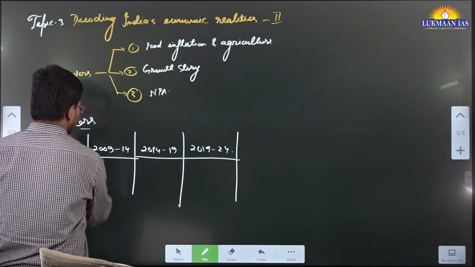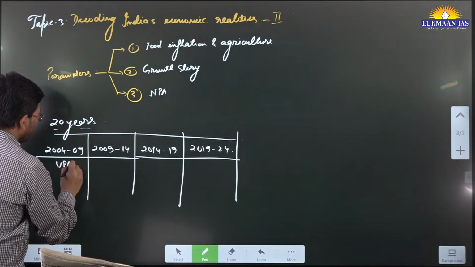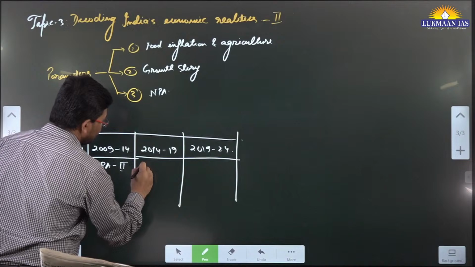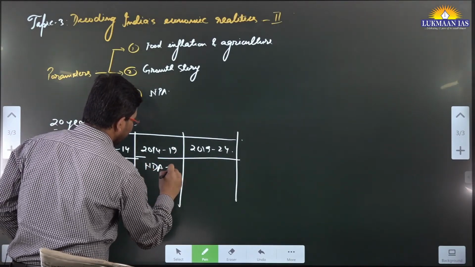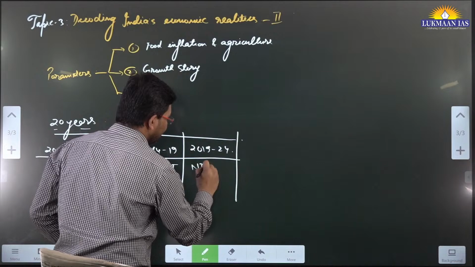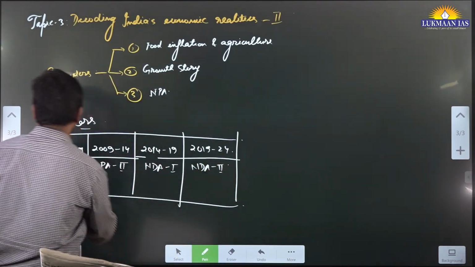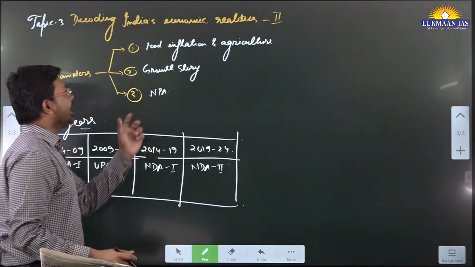So during the first phase, there was the UPA 1 government, then UPA 2, then we had NDA 1 and we had NDA 2. So these are the four parts that they have discussed.